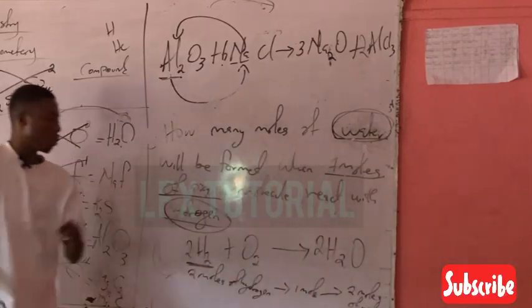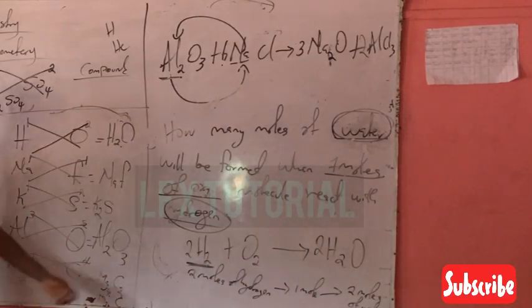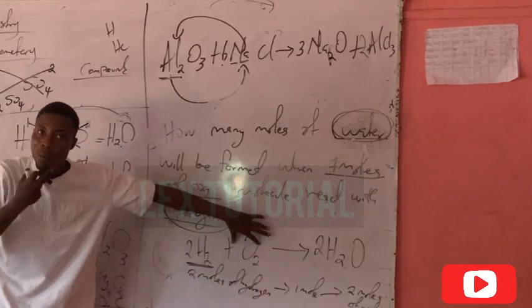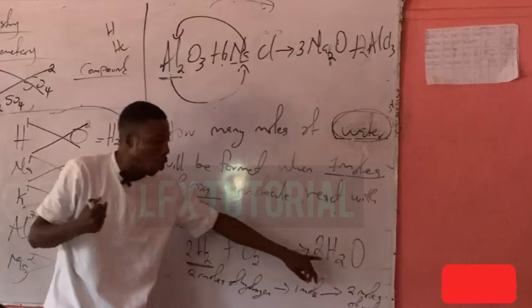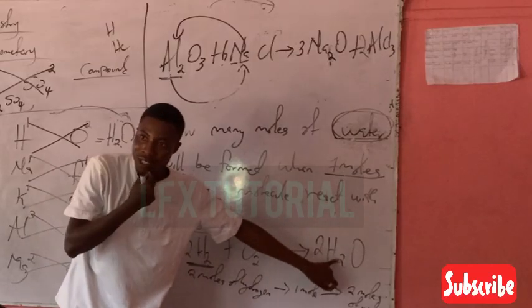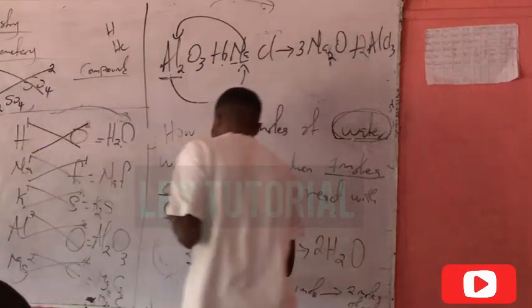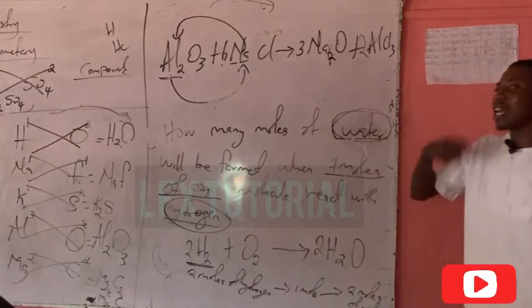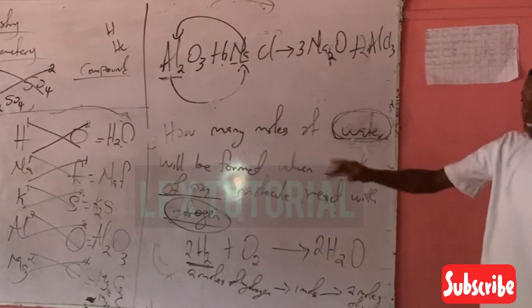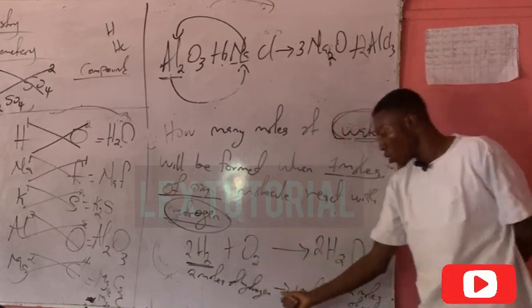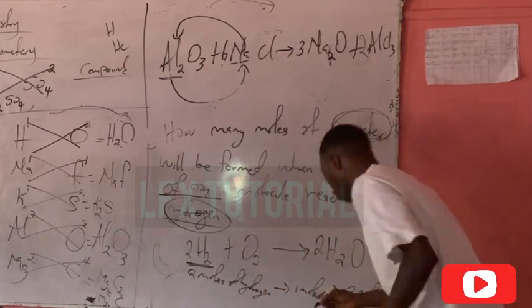This is what this reaction means. This reaction means that 2 moles of hydrogen will always react with 1 mole of oxygen to form 2 moles of water. That is what this reaction means. Once you balance it, you can now make this statement: 2 moles of hydrogen will always react with 1 mole of oxygen.